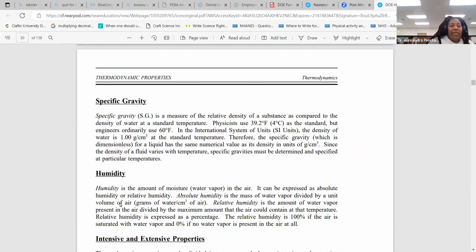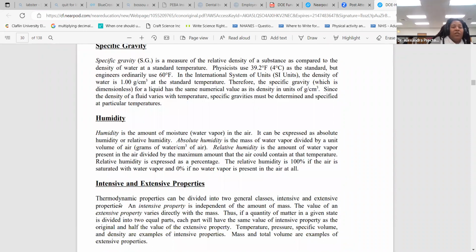So specific gravity, that was another term that we said we would cover. This is the measure of relative density of a substance compared to the density of water at a standard temperature. I always talk about standard temperature and pressure. Why? Because we know that when the temperature changes, that impacts this particular characteristic of a fluid.